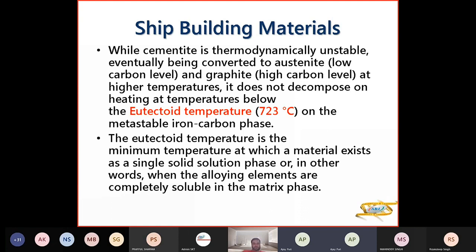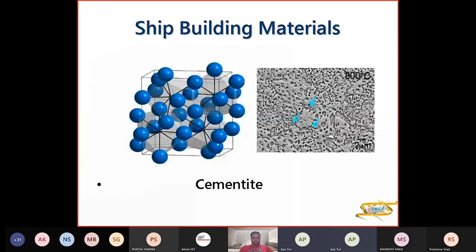It is the minimum temperature at which your material exists as a single solid solution phase, or when you are alloying, the elements completely soluble in matrix phase, that is eutectoid temperature. So cementite, if you cut across, you will have this kind of grainy appearance.